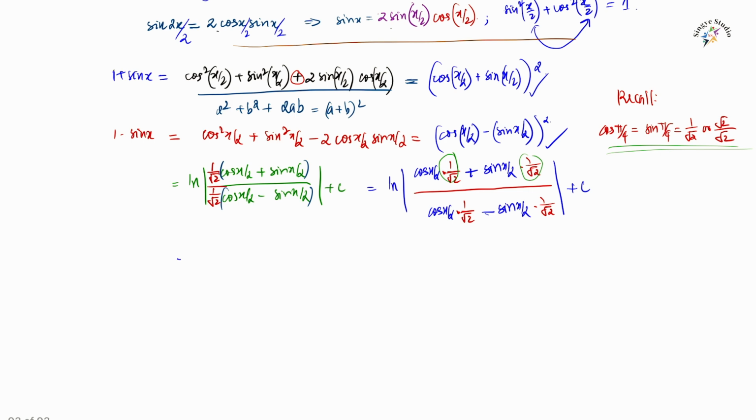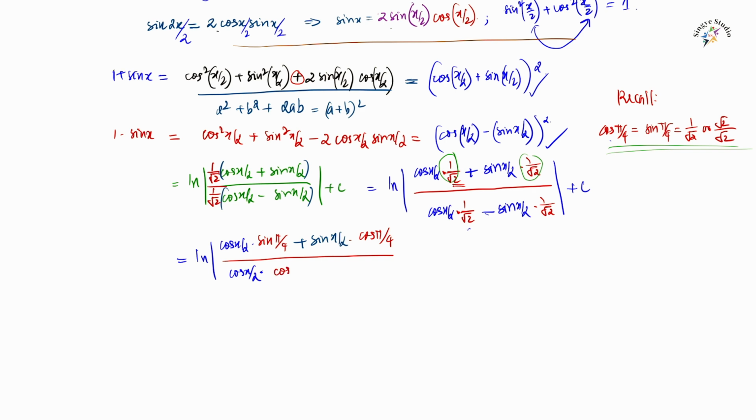Okay, so here I will say ln of (cosine x/2 times sine pi/4 plus sine x/2 times cosine pi/4) divided by (cosine x/2 times cosine pi/4 minus sine x/2 times sine pi/4), because root 2 is just equal.